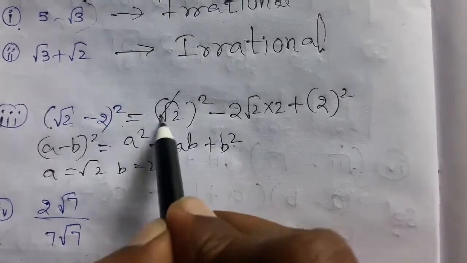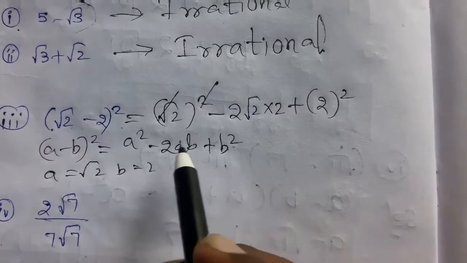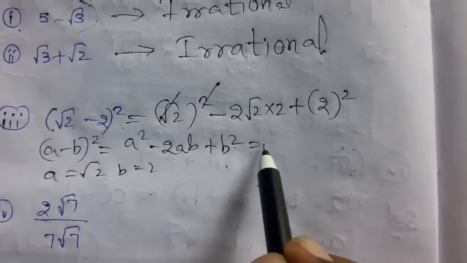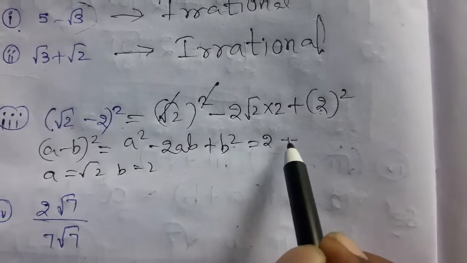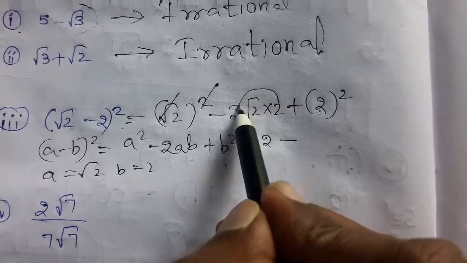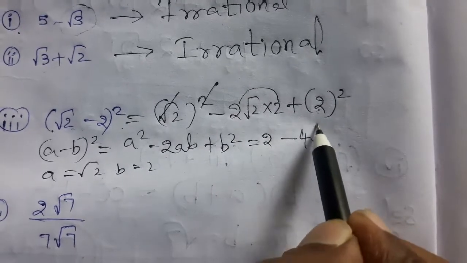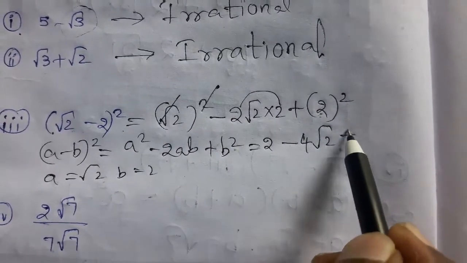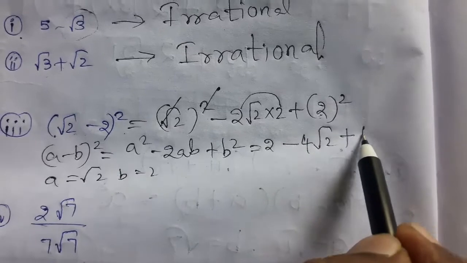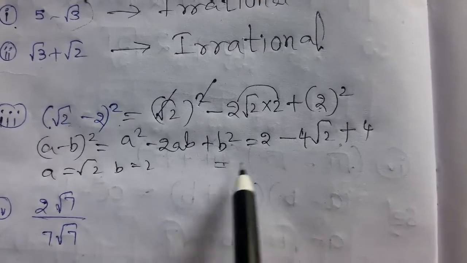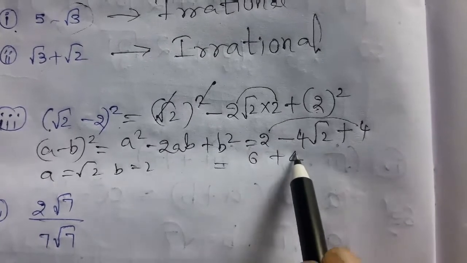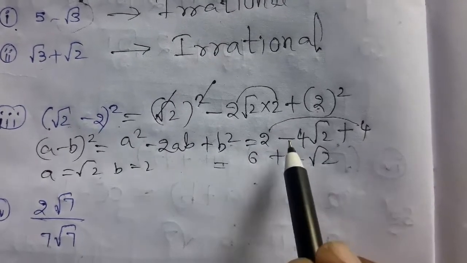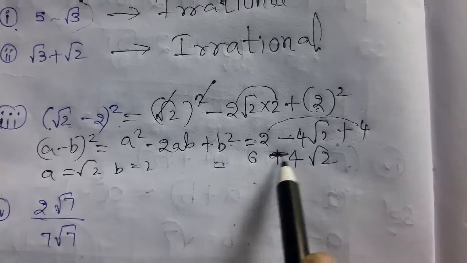See here, this root and this square cancel. That means it equals 2 minus 2 into 2 into root 2, which is 4 root 2, plus 2 square, which is 4. So 2 plus 4 is 6, so 6 minus 4 root 2, there is a minus.